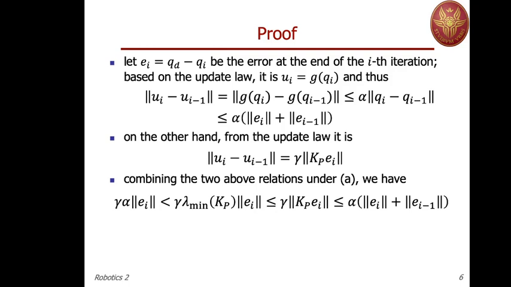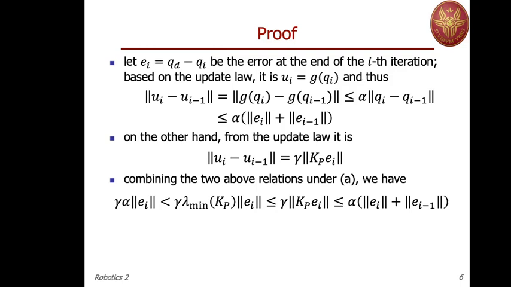Now if we go backward in these inequalities, the norm of the matrix Kp times the vector ei can be lower bounded by the minimum eigenvalue of the matrix Kp times the norm of the vector ei. And by the first assumption, assumption A of the theorem, the minimum eigenvalue of Kp is strictly larger than alpha.